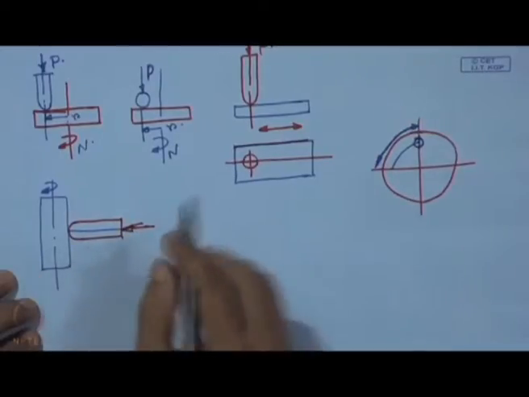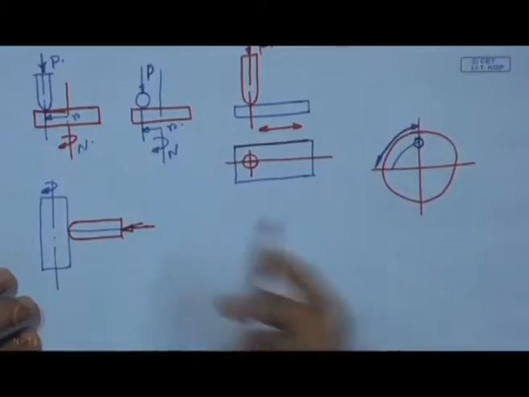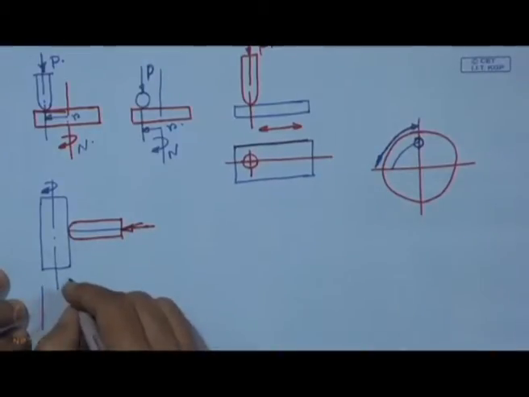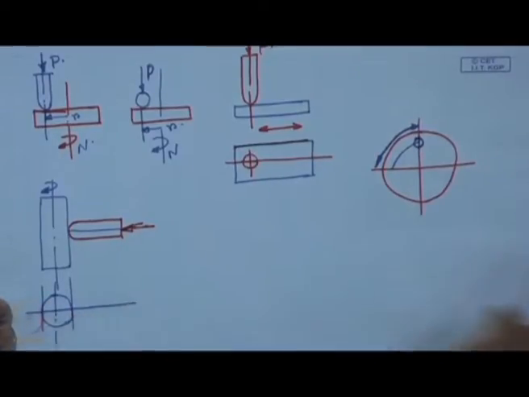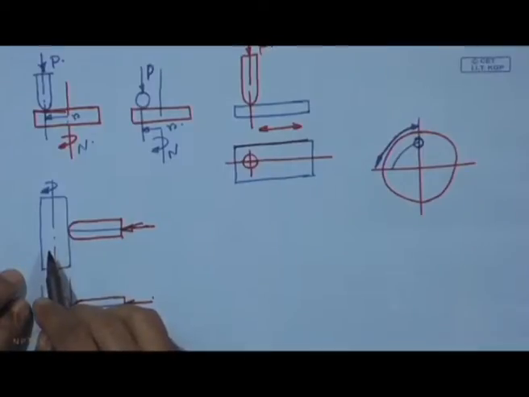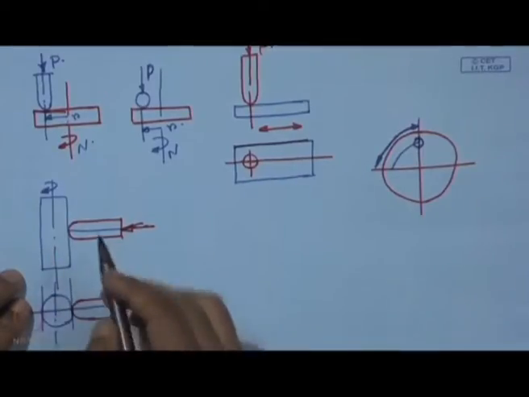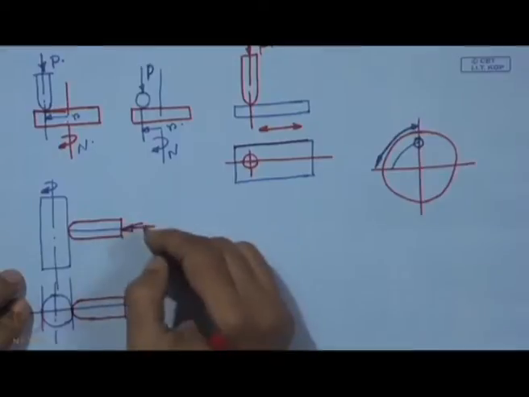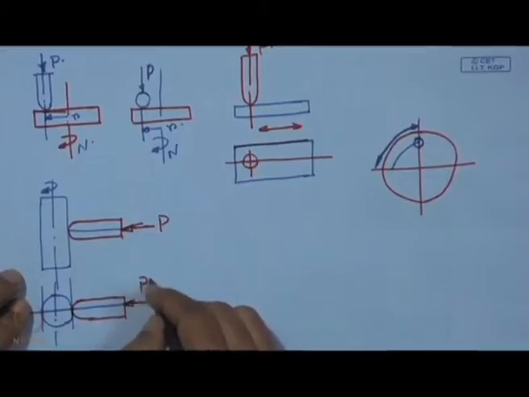So, this is one way, and here we have the front view. This is going to be the pin that is in contact. This is an example of pin on cylinder, that means the pin is held against the cylinder, stationary and loaded with a force P.